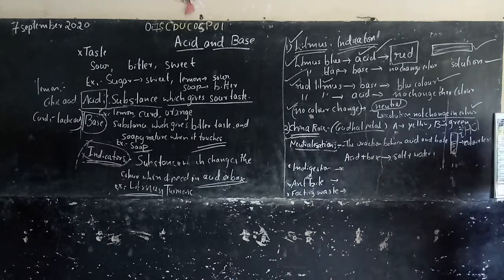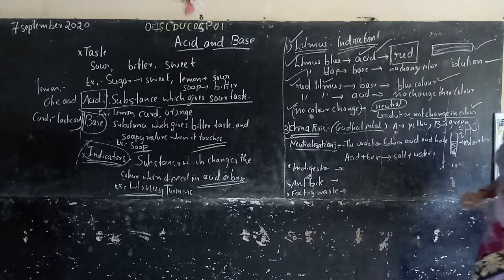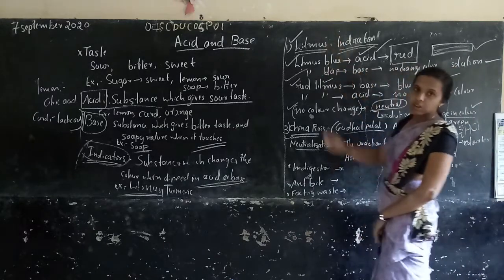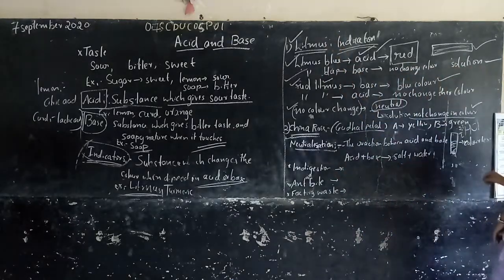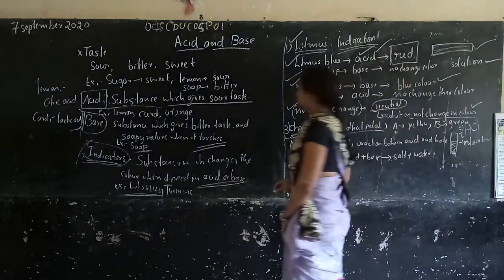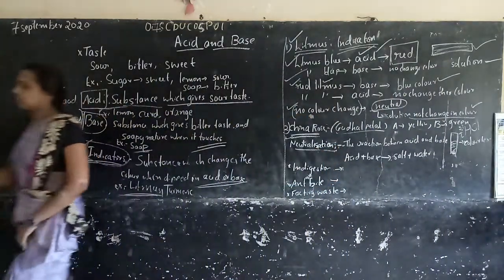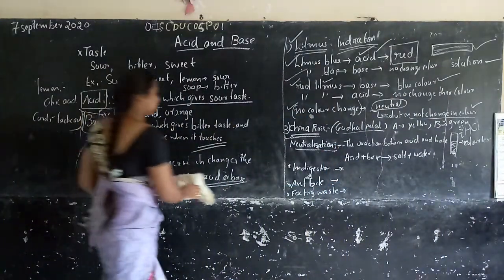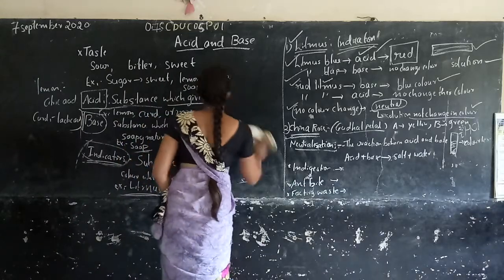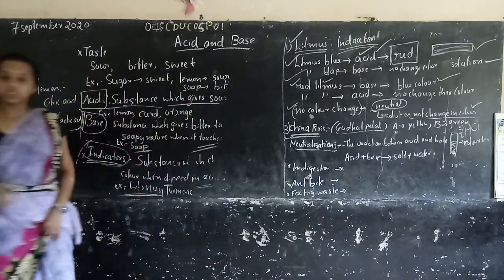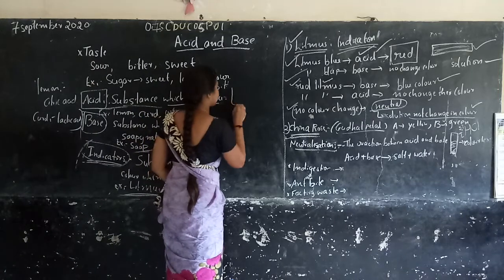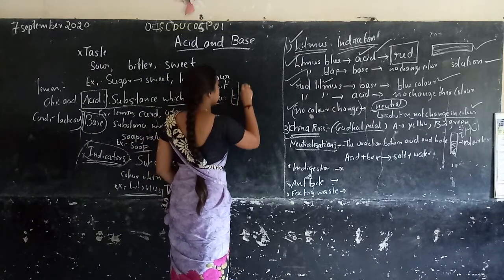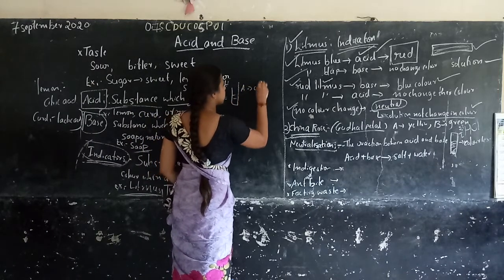So add 2-3 drops of indicator. Which indicator? I am using a phenolphthalein, not litmus. I will write it here, you can't see this. This one is acid, which is colorless.